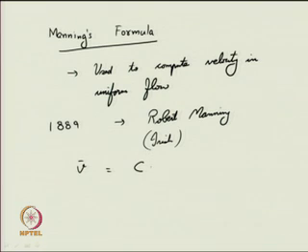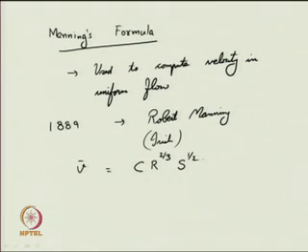He presented that the average velocity in a channel can be computed as some coefficient C into R to the power of 2 by 3 into S to the power of half.